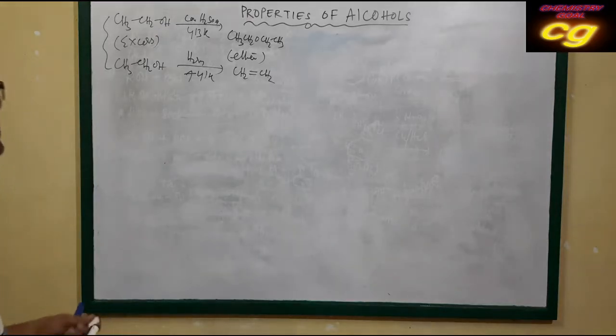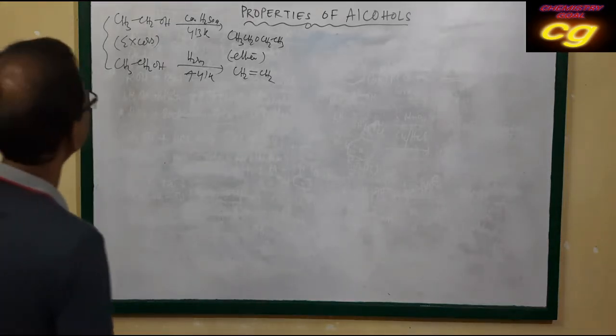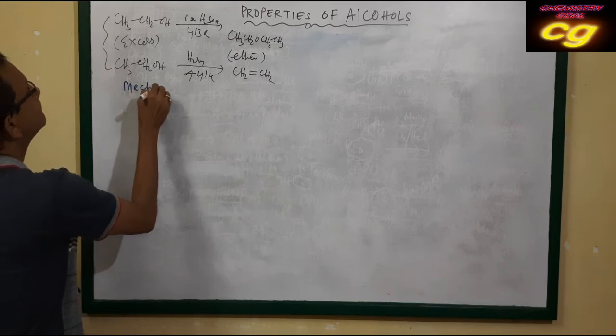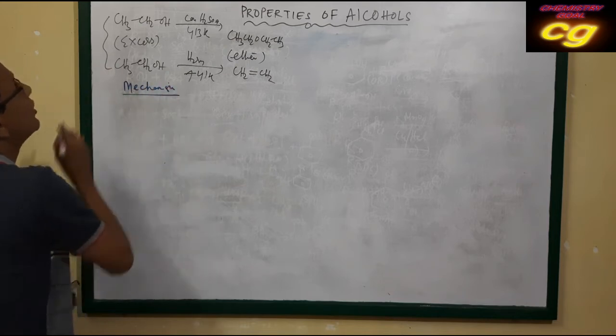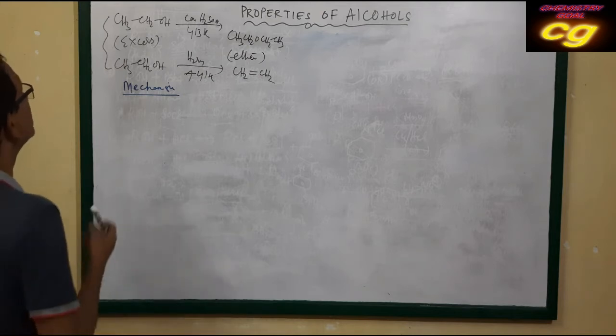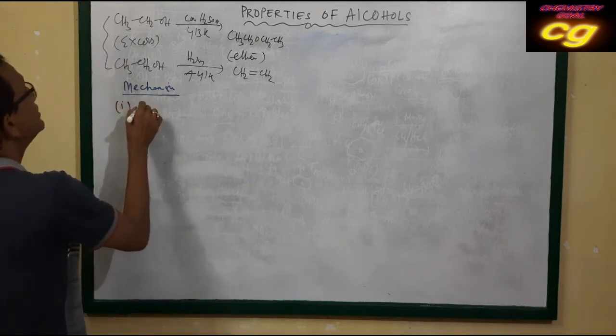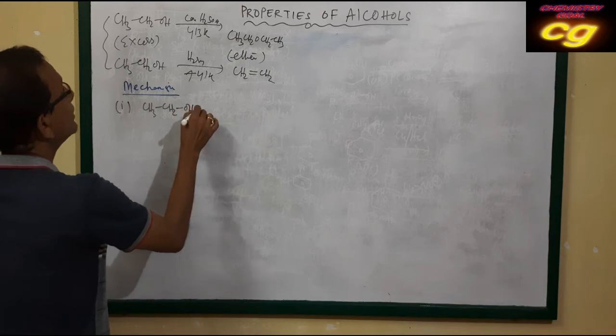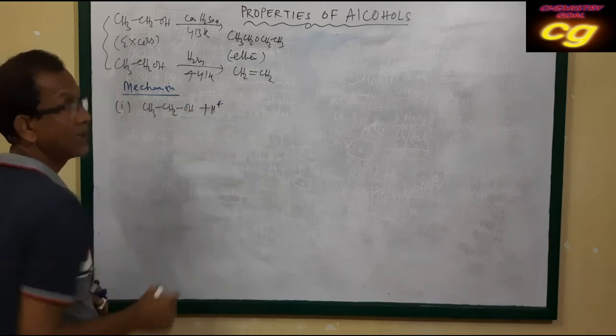So what is the mechanism? Let us discuss the mechanism of dehydration of alcohol. In the first step, the alcohol reacts with acid as a catalyst.